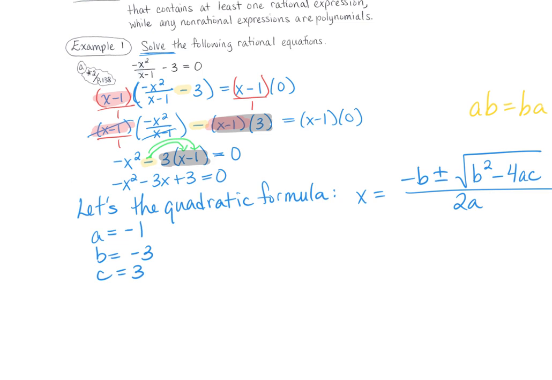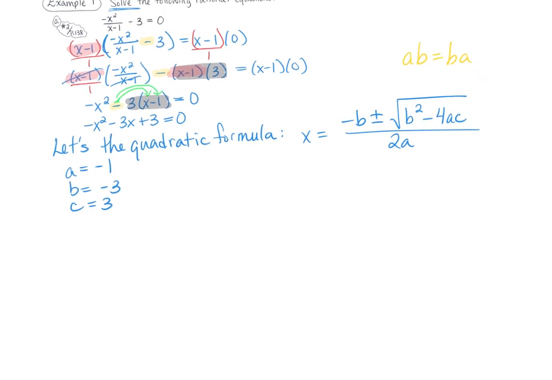Okay, so you can use your calculators if you like, but I expect you to be able to at least write out this first step. Negative times negative 3 plus or minus the square root of what? Negative 3 squared.